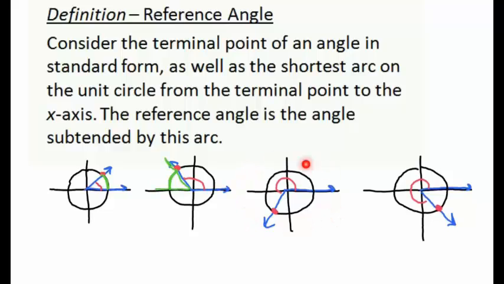Next, if we have an angle in quadrant 3, somewhere between 180 degrees and 270 degrees, then the shortest distance back to the x-axis from our terminal point is here, and this angle that I draw in green is our reference angle for quadrant 3. And finally, for quadrant 4, the shortest distance from our terminal point to the x-axis is given here, and our reference angle is this angle right here.